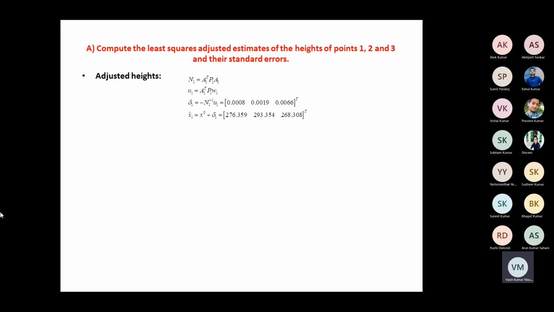If I am putting directly the observations L1, L2, L3, L4 in the place of W, which is what you have done in the earlier classes, then you do not have to add anything. Whatever you get in the third line, delta, will be your estimates of the adjusted heights. If I am using W1 as a misclosure, then I will get the residuals which I have to add after this calculation.